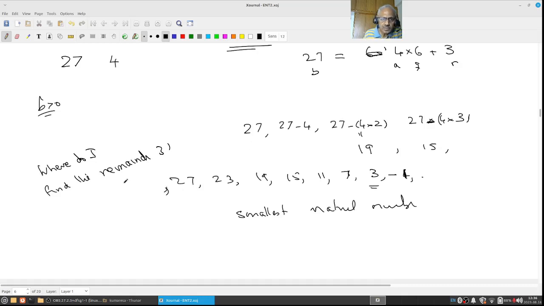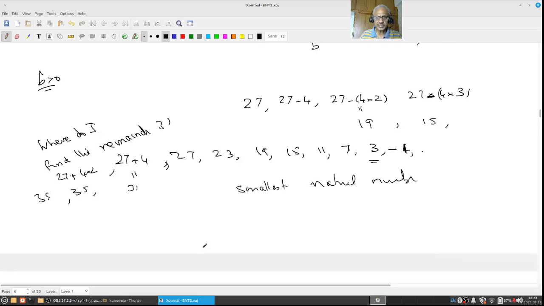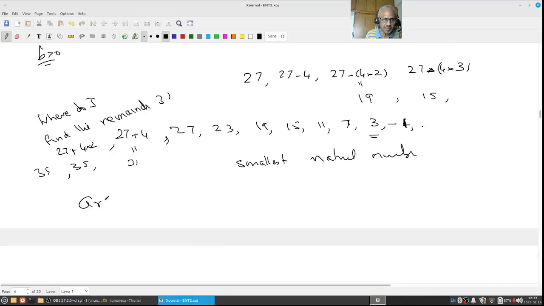I can also do something else: instead of subtracting, 27 plus 4 is 31, and 27 plus 2 times 4, that is 8, therefore 35, and 39, I can keep going. You understand? It is an arithmetic progression.